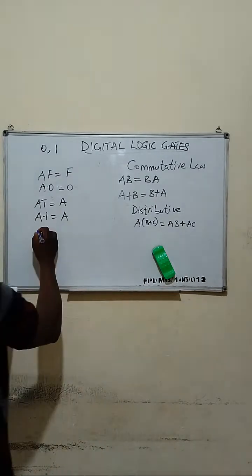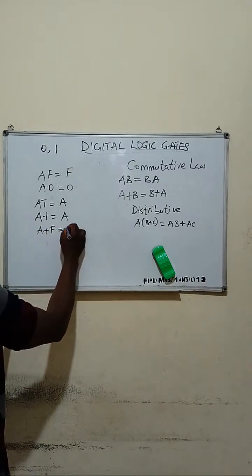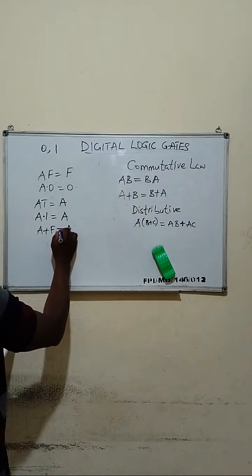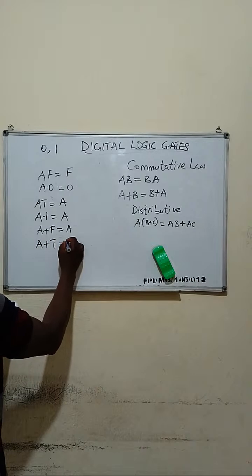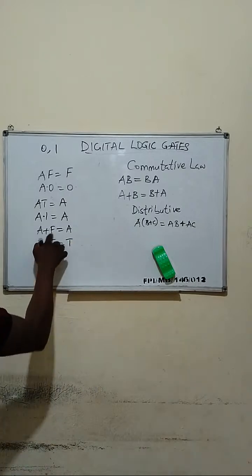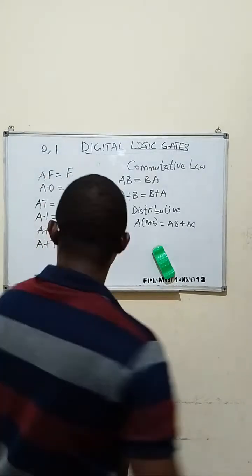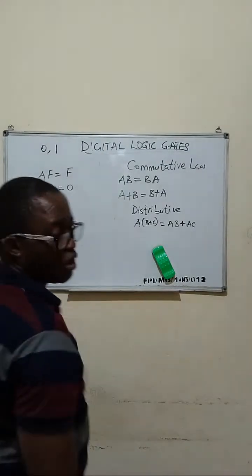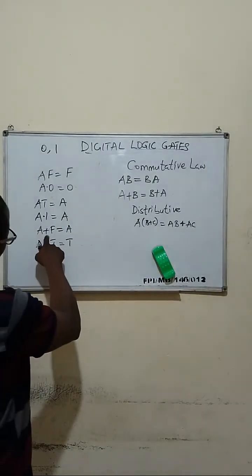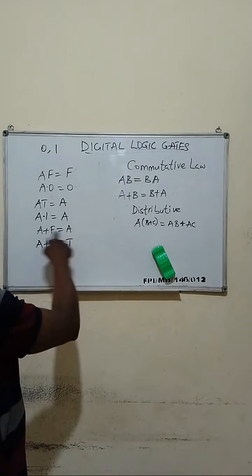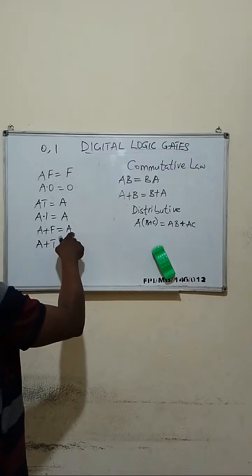Similarly, we also have A plus F equals A. Then we have A plus T equals T. Now remember, F here means false, logic 0. And T here means true, logic 1. Therefore, A plus 0 is equal to A. That is, A OR gate with a logic 0 will always give A, no matter what A is.